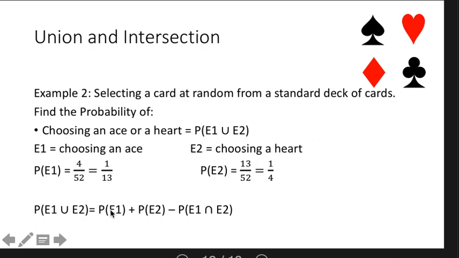So this is the probability of choosing an ace plus the probability of choosing a heart minus the probability of choosing the ace of hearts, because you don't want to count that twice. So that probability is 4 out of 52 plus 13 out of 52 minus 1 out of 52, which comes out to 16 out of 52, or 4/13, and that is approximately 0.3077.